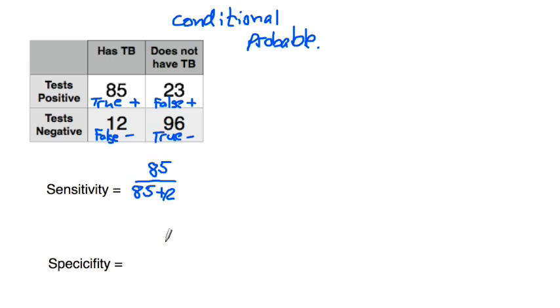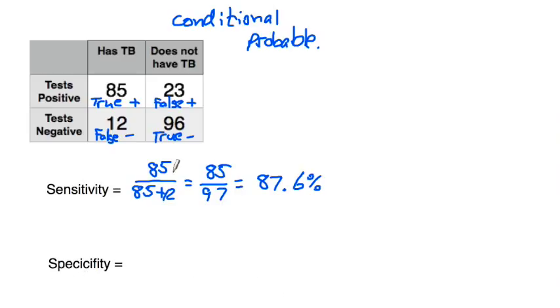So this would be 85 out of 97, which is equal to 85 divided by 97. So this test is going to find those people that actually have tuberculosis 87.6% of the time. It'll test positive for those that actually have it.